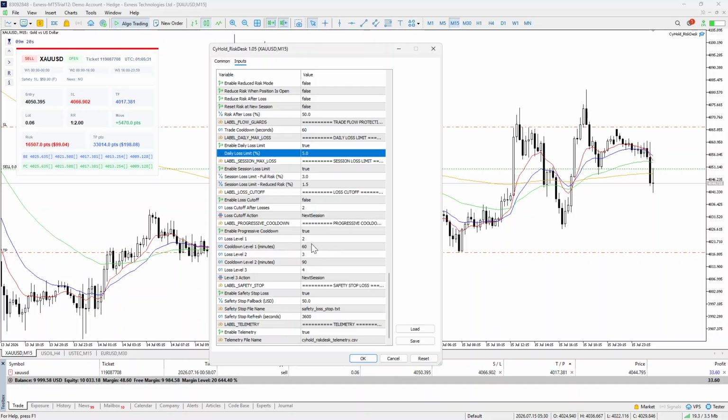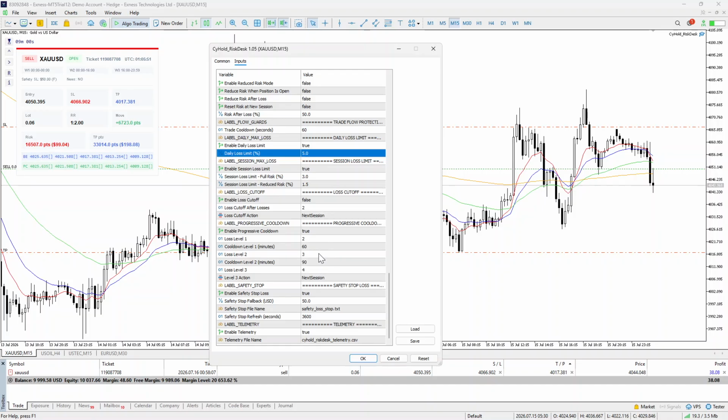And it has trade cooldowns. After 2 losses, 3 losses, you can set up the time that the click will not work. If you put, after 2 losses, I want a cooldown of 60 minutes. So you had 2 losses, and for this amount of minutes it will not work.